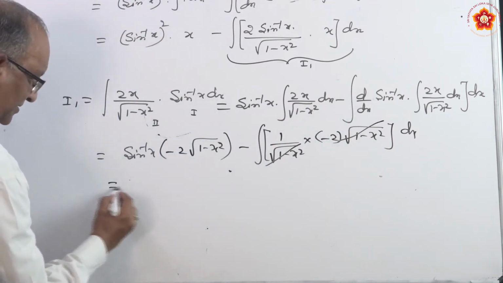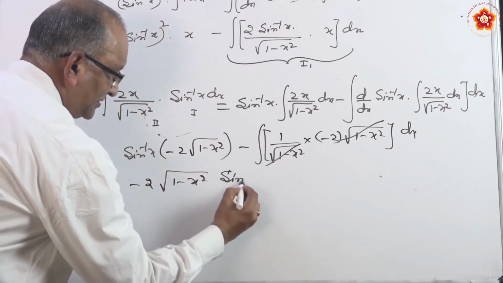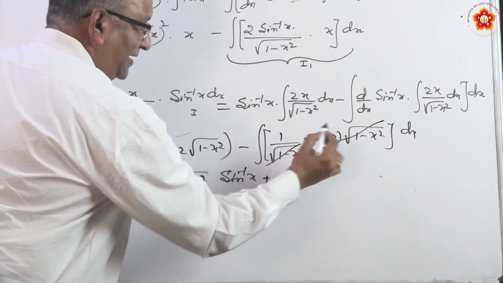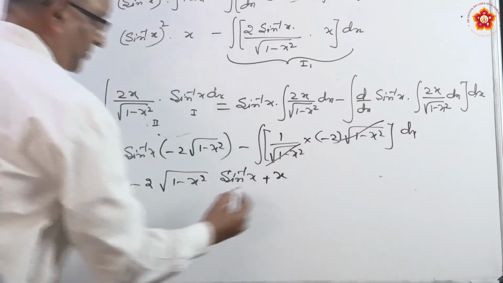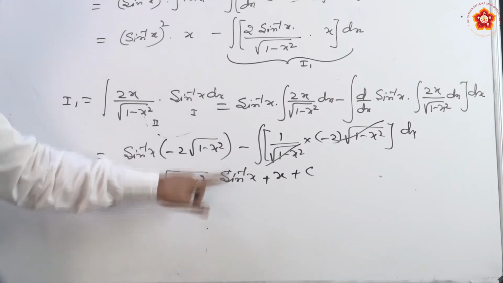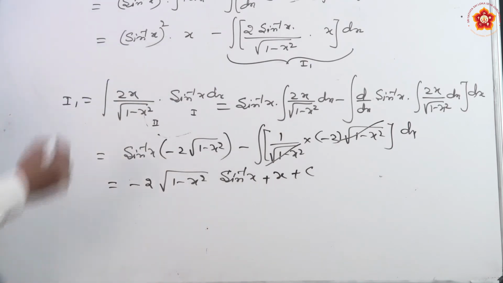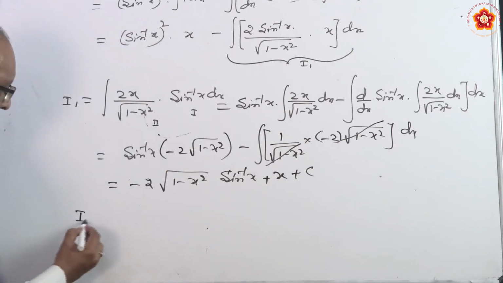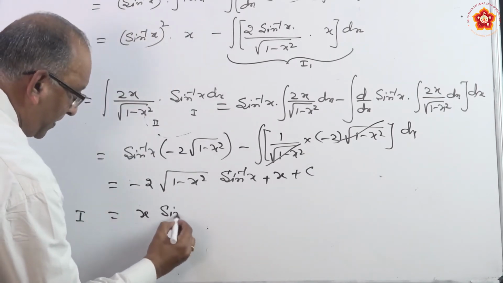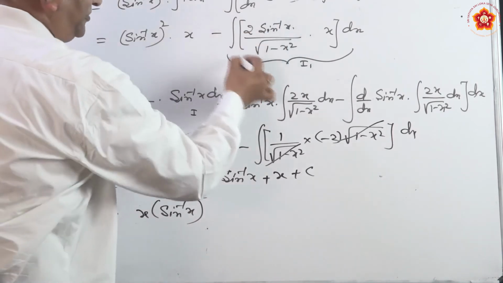So this is minus 2 under root of 1 minus x square sine inverse x, and as I mentioned, minus into minus is plus, the integral of dx is x. You can say plus c. Remember, this is not the answer. This is the value of I1. So this needs to be added with this. So I is equal to, write that particular answer first, x into sine inverse x whole square, and then substitute this value.